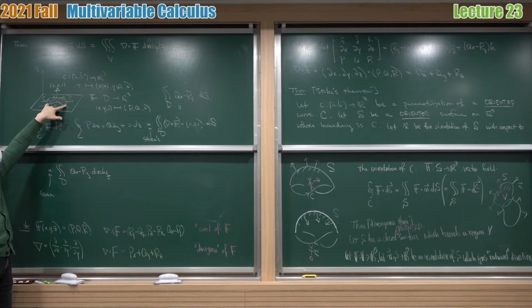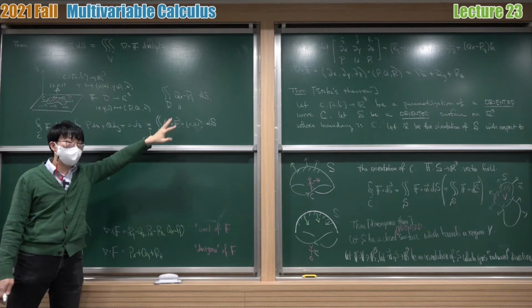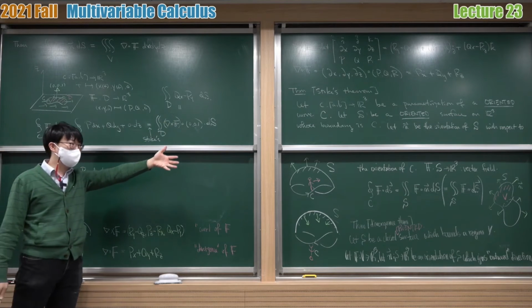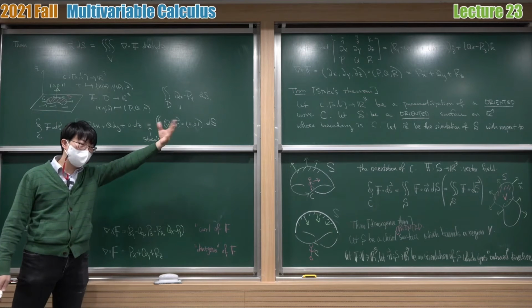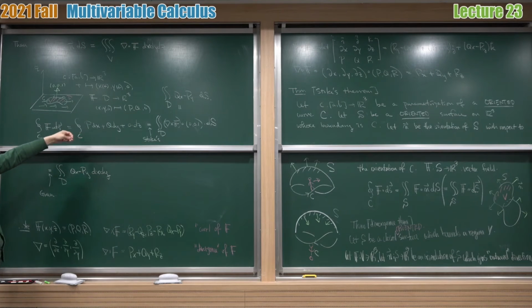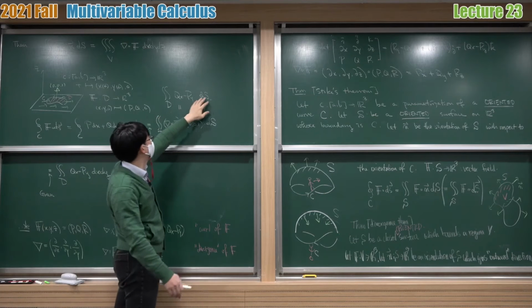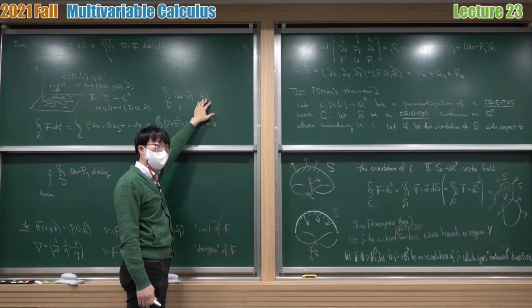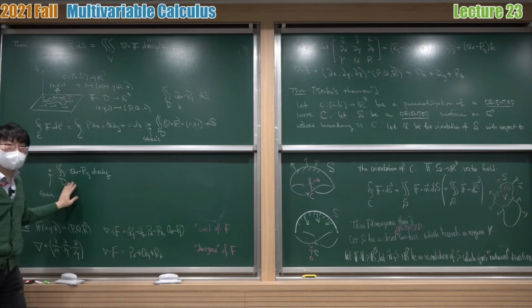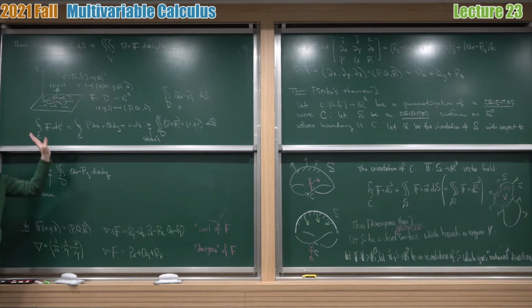So I can parameterize D without using any transformation, so I don't need any Jacobian to multiply. So this equals simply integrating over dx dy, right? So that's here. It's the same thing. So you can use Stokes theorem to prove Green's theorem.